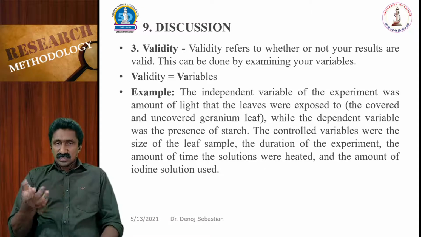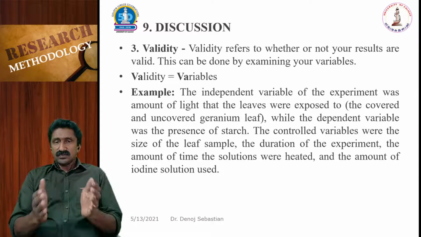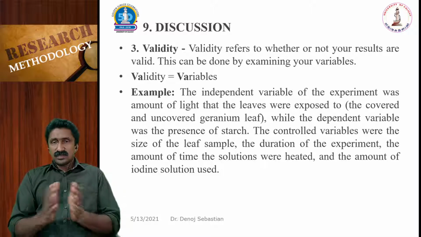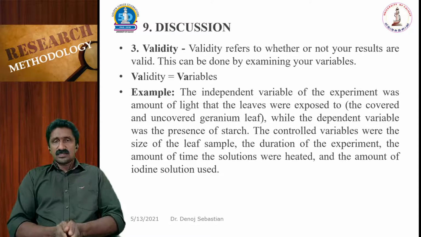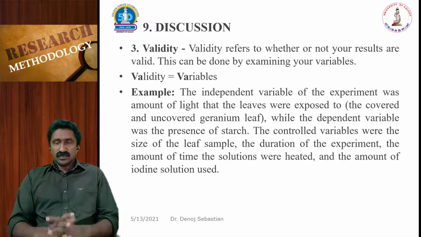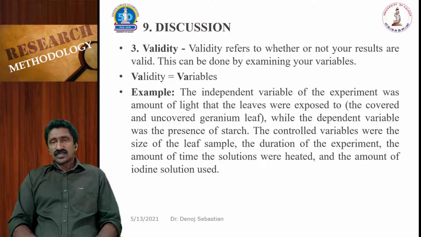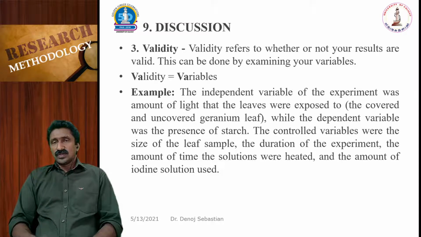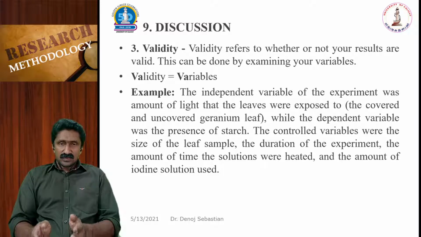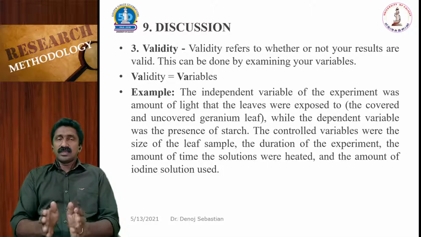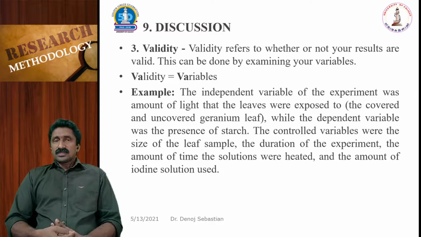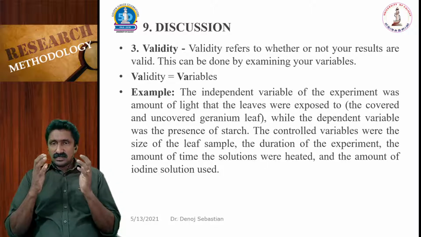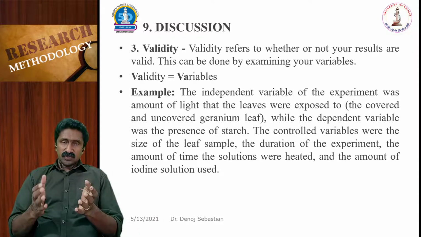You have to keep all other parameters, the size of the leaf, the duration of the experiment, the amount of solutions heated, the time of heating, and all such additional methodology the same, so that they are controlled variables which will be uniform in both cases, so that there will not be any effect. Okay, so the validity of the experiment is one of the important factors.